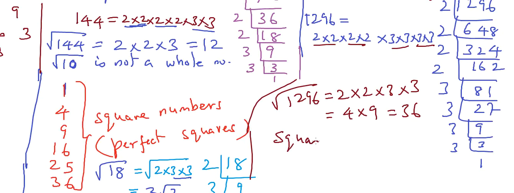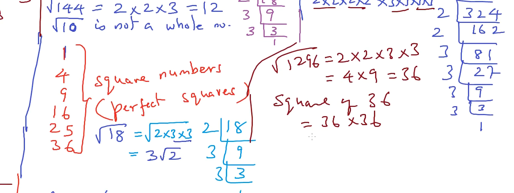So what is the square of 36? The square of 36 is 36 into 36. So multiply them. 6 into 6 is 36, 3 carry, 6 into 3 is 18, carry 1, so 9 plus 1, 10.